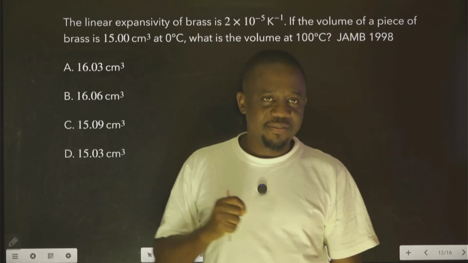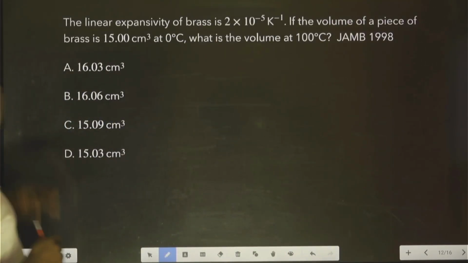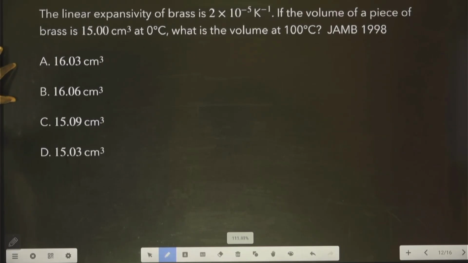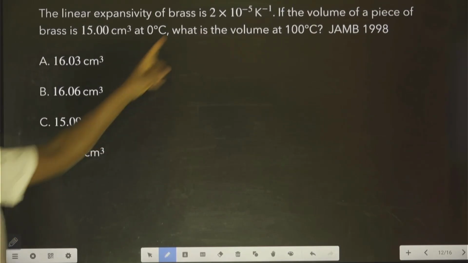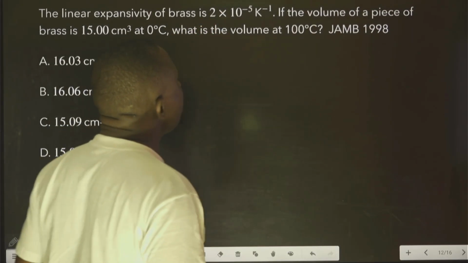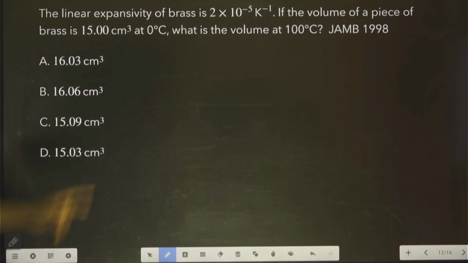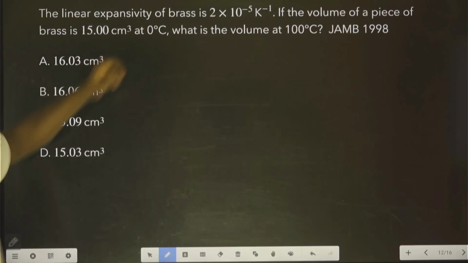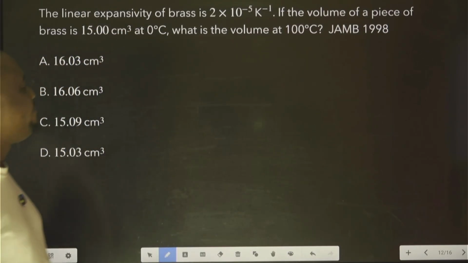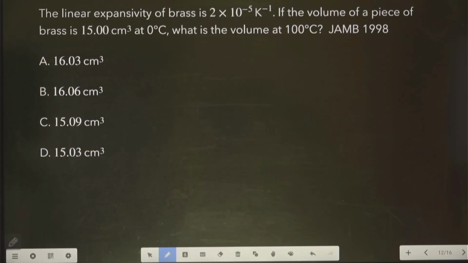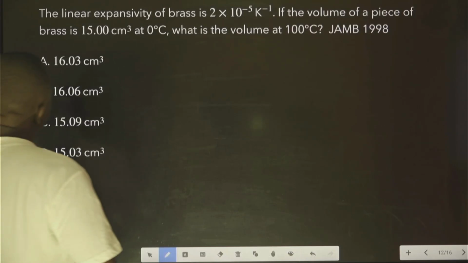Let's look at this. It says the linear expansivity of brass is this. If the volume of a piece of brass is this, at this, what is the volume at 100 degrees centigrade? Okay? The first thing we need to do is to bring out the formula.